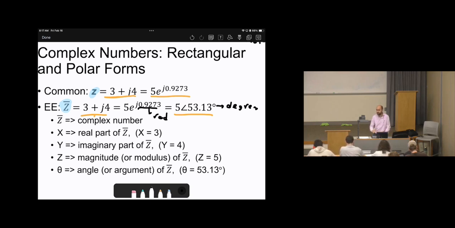So it depends on which reference you prefer. In this course we will use the form where the angle is in degrees. Make sure your calculator is adjusted to degrees, then everything's fine. You don't need to worry about radians.